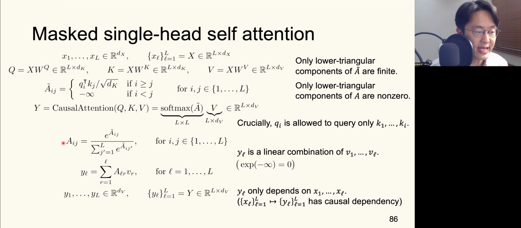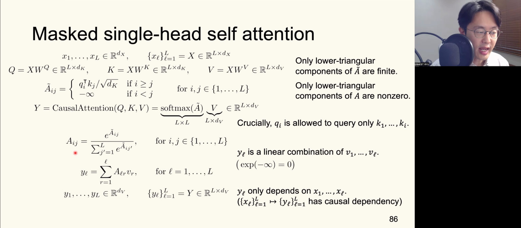Now, this is the same exact softmax operation as before, but here we have e to the A tilde ij. And we're going to use the convention that the exponent of minus infinity is equal to 0. So it's no longer the case that the Aij entries are all strictly positive. For the masked single-head self-attention, the strictly upper triangular components of Aij will have value 0 because we'll have the exponent of minus infinity in the numerator.